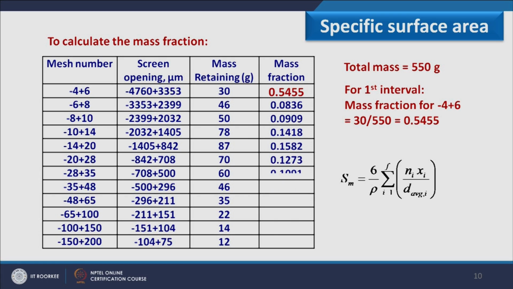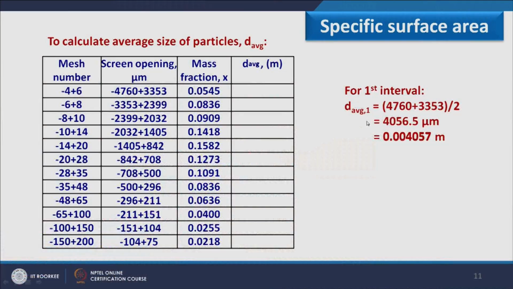In a similar line, I can calculate mass fraction for other fractions also. For example, -20 plus 28 has 70, 70 divided by 550. So, the value comes as shown over here. If you add all these mass fractions, it would be equal to 1. So, here I have calculated mass fraction corresponding to all fractions.